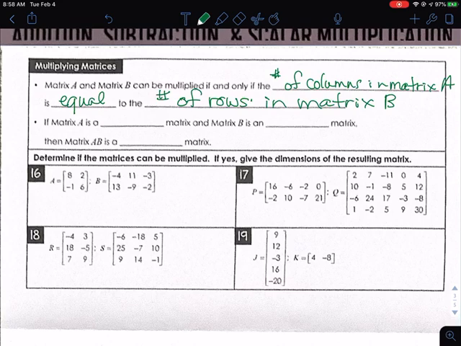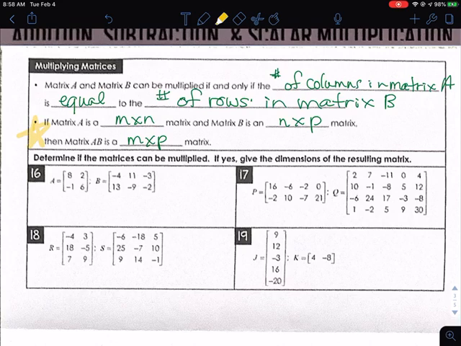So if matrix A is an M by N, and matrix B is an N by P, then matrix AB, after you multiply them, you will end up with an M by P. That last part is a little bit hard to grasp, so I'm going to explain it a little bit more in number 16.